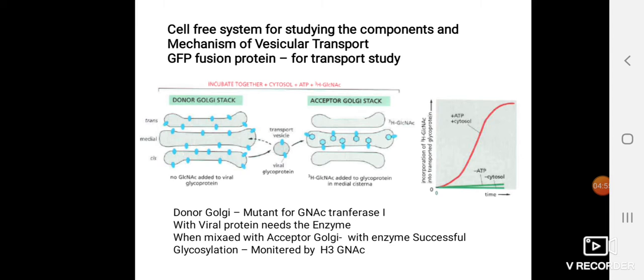radioactivity was seen in the acceptor Golgis as well as fluorescence was also observed in the acceptor Golgi as time increases. That means somehow from the donor Golgi the protein might have got mobilized into the acceptor Golgi.